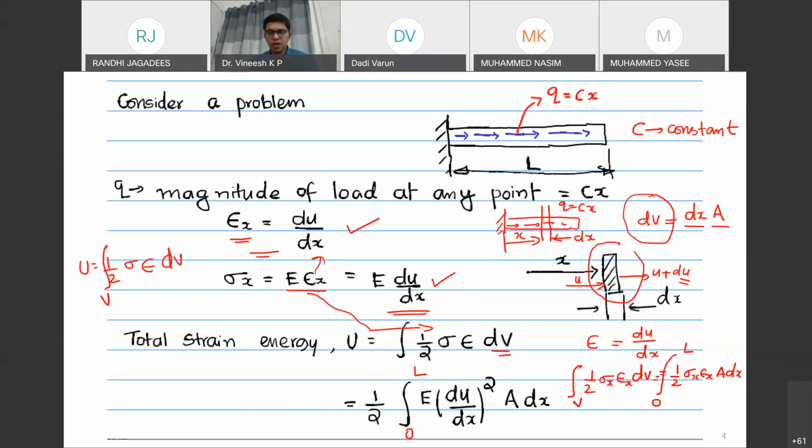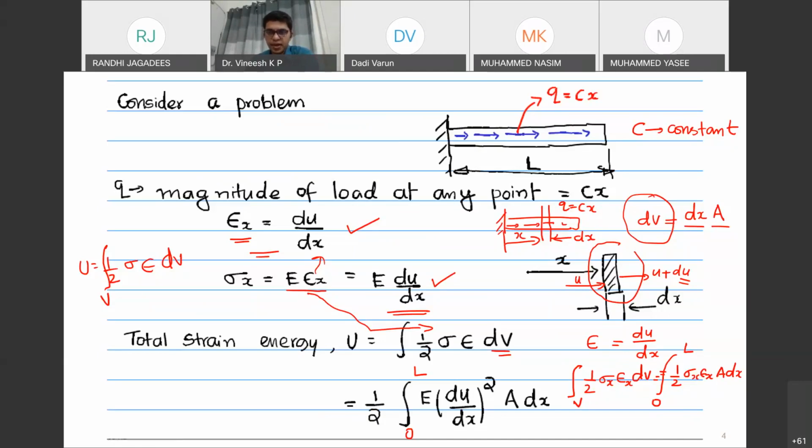That is also possible. So initially we develop the expression for the potential energy. Then for the displacement, we assume an approximate function, which can be a polynomial or a trigonometric function.